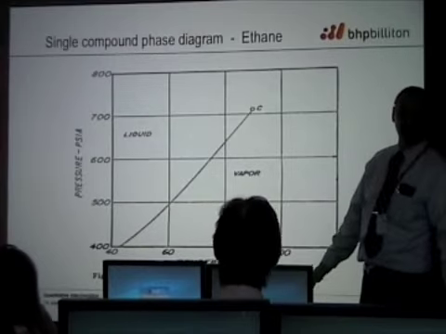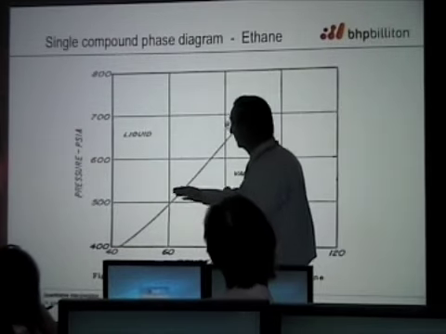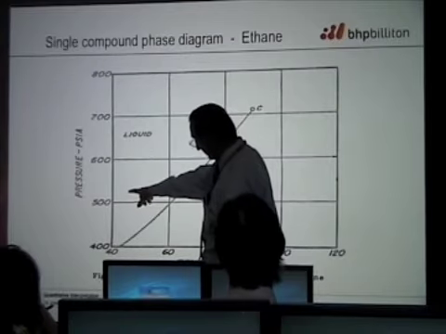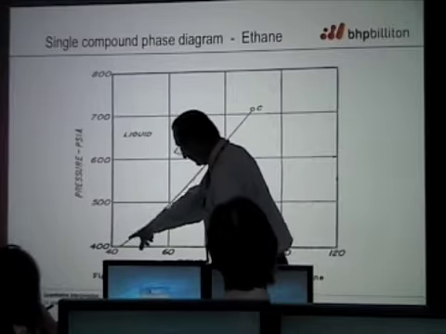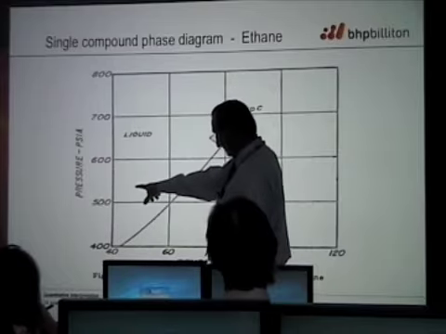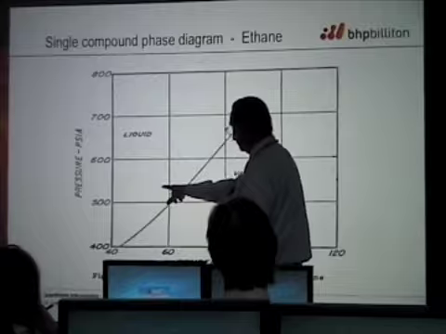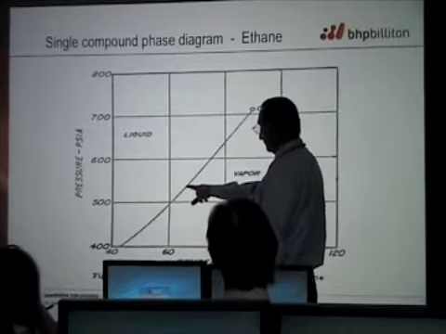So if I'm dealing with water, for example, down here I have some high pressure and some not very high temperature. I have a liquid, and as I raise the temperature, I get over to here.